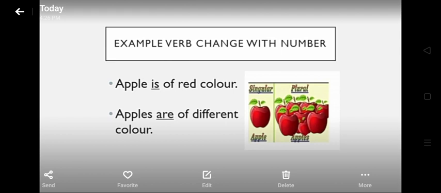So, the apple is of red color. But in the second sentence, we use the verb are because the subject is apples, which is plural. So this is how the verb undergoes changes according to the number. Both the verbs is and are are called finite verbs because they go in agreement with the subject.